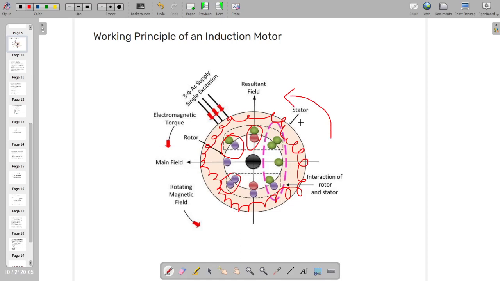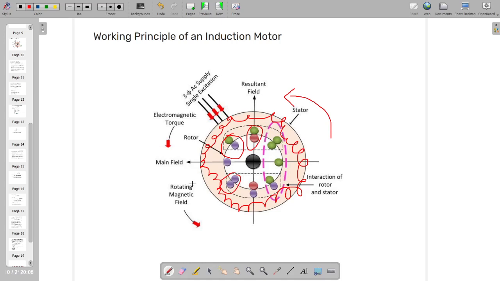The rotating magnetic field has moving polarities. They have the positive and negative half cycles of the supply, and the change in polarity makes the magnetic field rotate.